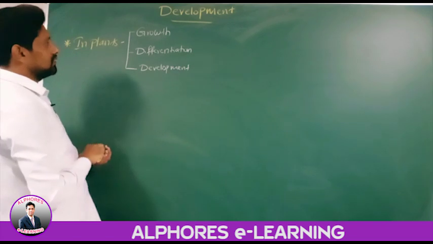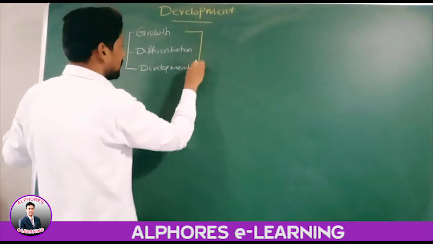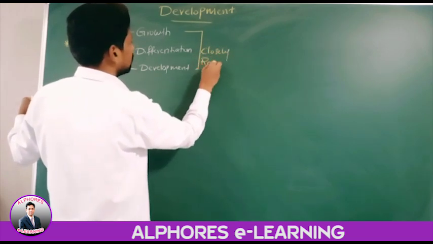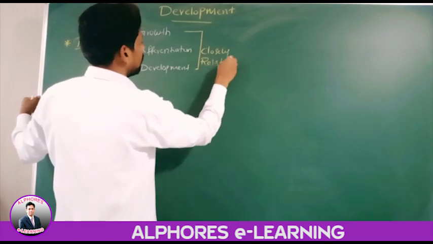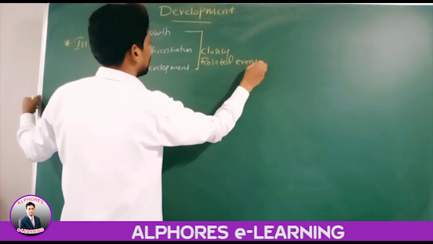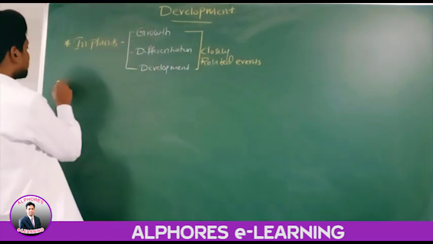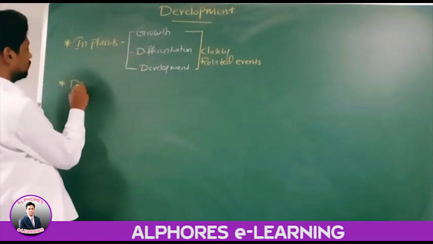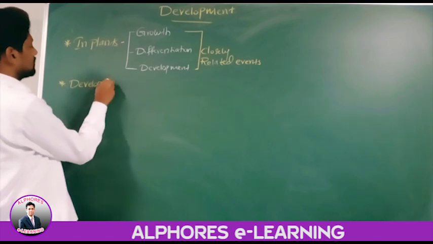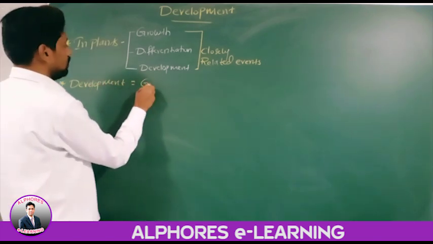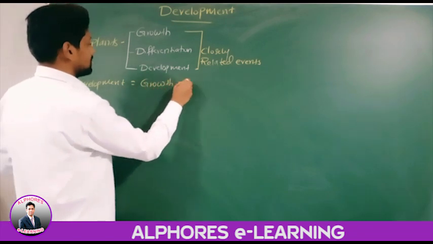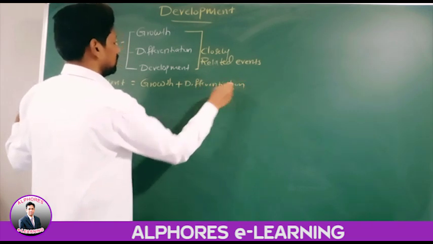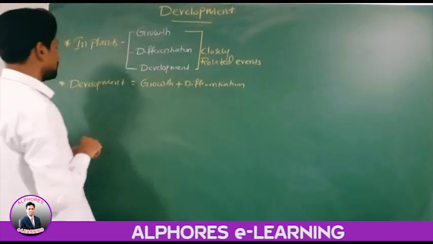In plants, these three are closely related events. In the introduction, we read one statement: development is equal to growth plus differentiation. Yes or no? Development is equal to what plus what? Growth plus differentiation. These two together are called development.